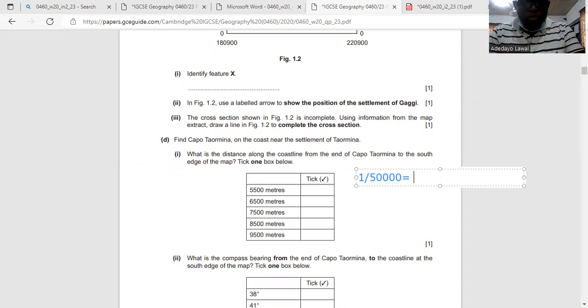Map distance in this case, we don't know, x, over 8,500 meters. And the answer is in meters. So let me put M because the scale is in centimeters. So you cross multiply. I believe everybody knows this maths.